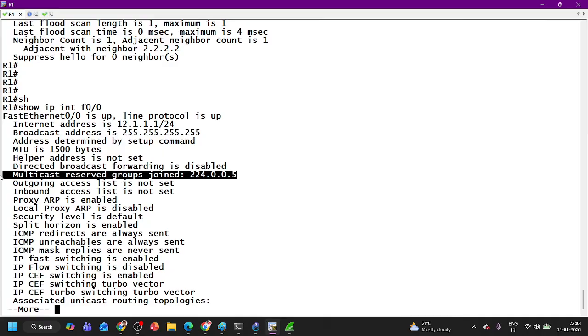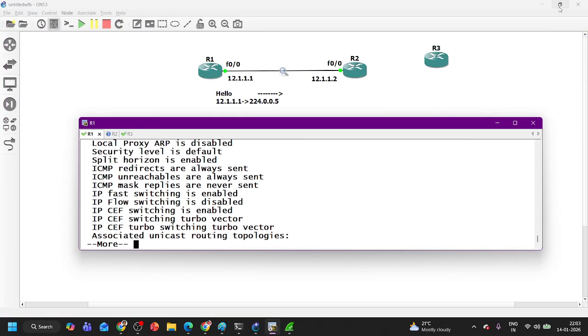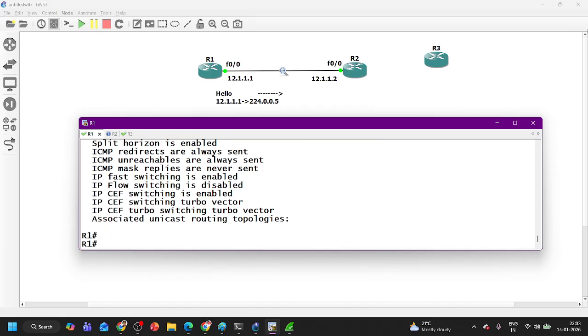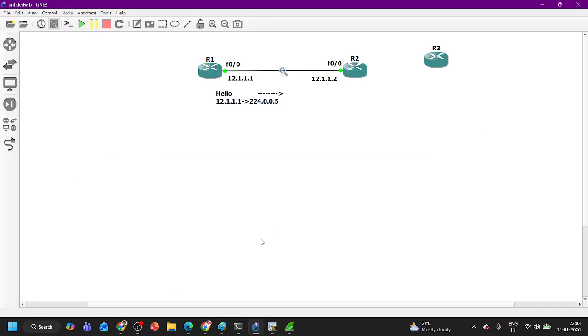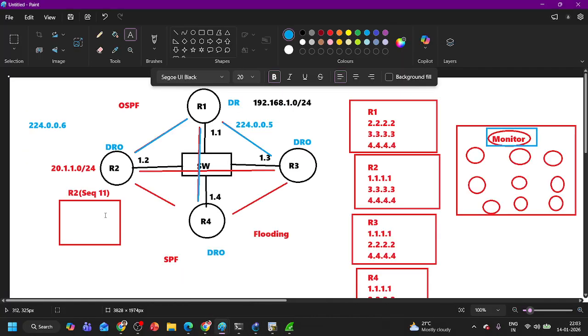If this interface is going to receive any message on 224.0.0.6, it will definitely discard it. It will not open it and update its database. Right? So the important thing over here is understanding the multicast address.